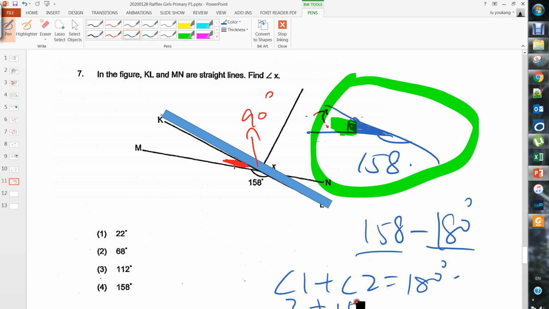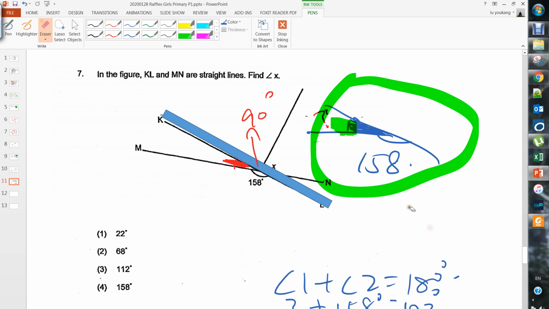Then how to find the question mark? 180 minus 158. Then the answer? 32.